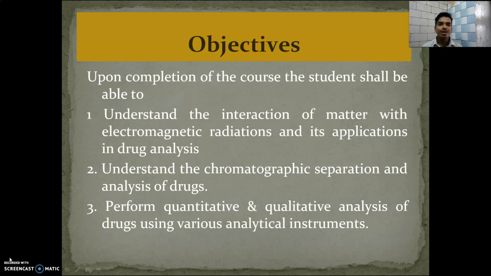This chapter also deals with the interaction of matter with a particular radiation. Then understand the chromatographic separation and analysis of drugs, and perform the quantitative and qualitative analysis of drugs using various analytical instruments.